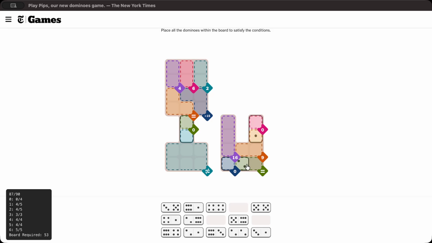I'm not sure if I agree with that logic yet. Just thinking about that. We have 74 total, plus 3 of this, plus 2 of this. 74 total plus 3x plus 2y, and we have 90.